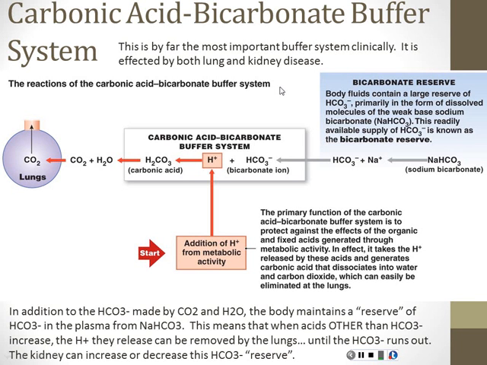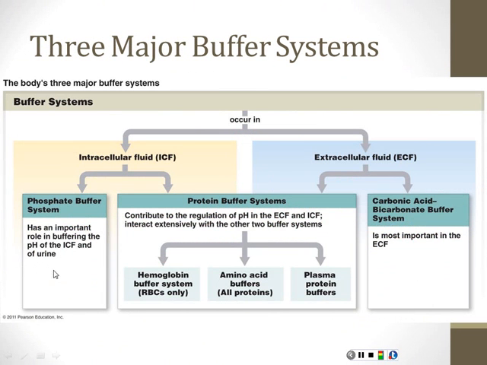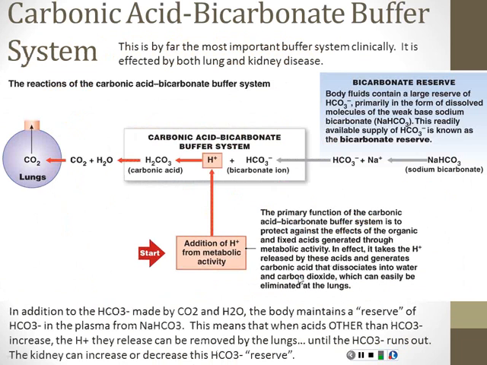All right, let's back up. The phosphate system and the protein buffer system are critical, but they don't really change very much. They're stable, and the body has them at its disposal. But the one that's active and plays a role in our metabolism is our dear friend, the carbonic acid bicarbonate buffer system, which is what we've got written on the board over there.